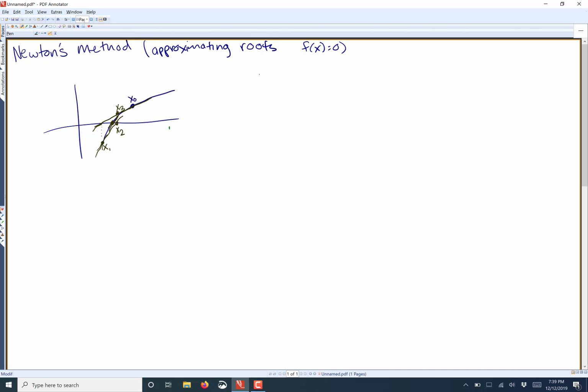So first of all, how do you find a tangent line? Well, you might remember from your algebra classes that you have point slope form. So it's y minus, okay, so again, we're doing point slope form.